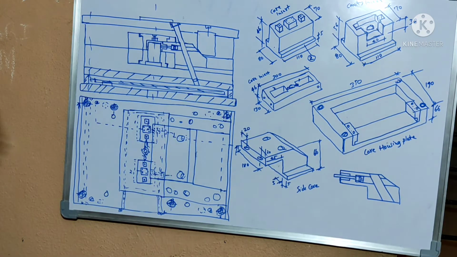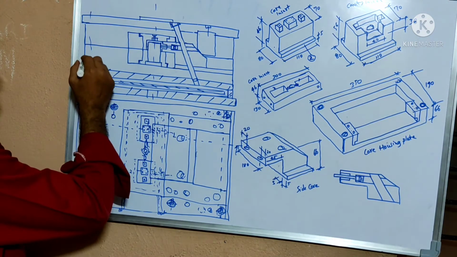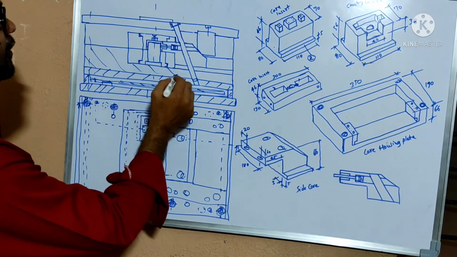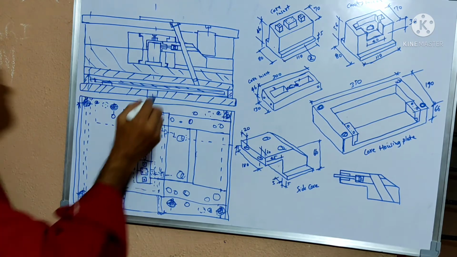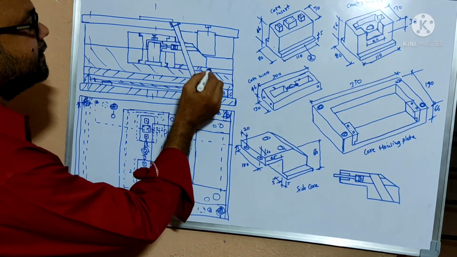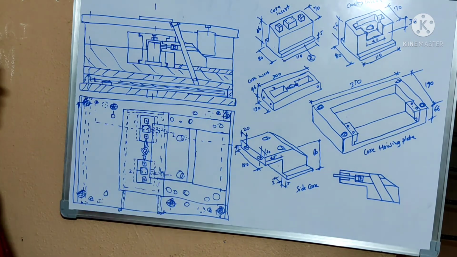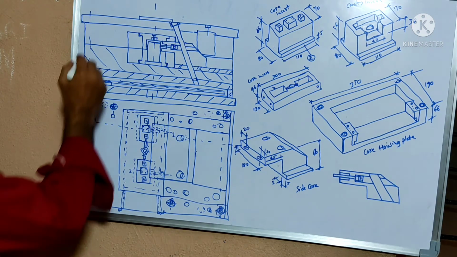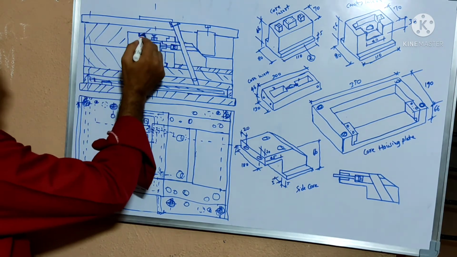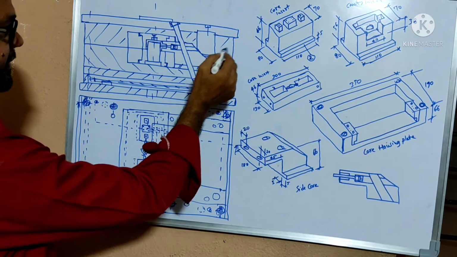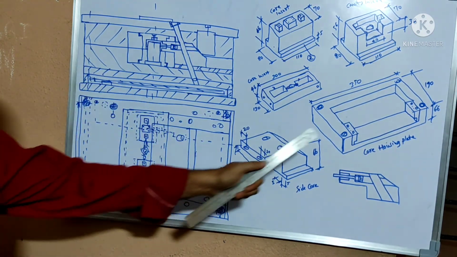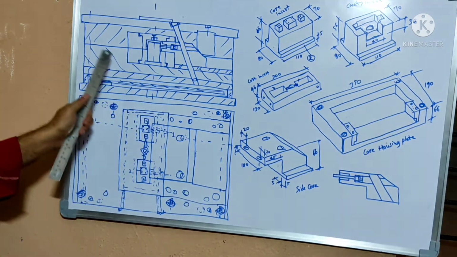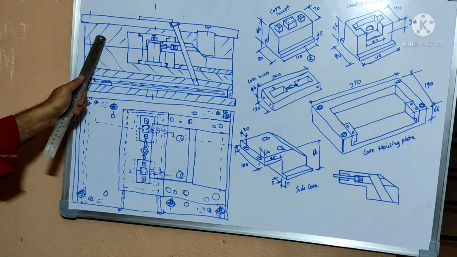That one is the core back plate, and again this one is the core housing plate, and this is the core or the wear plate. This one is the cavity housing plate. Sorry, this is the core housing. I am showing here the core housing plate. This is the core housing plate, and this is the cavity housing plate.